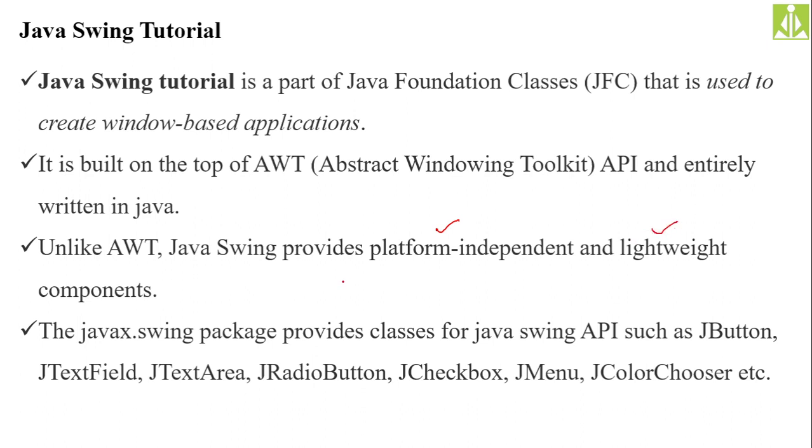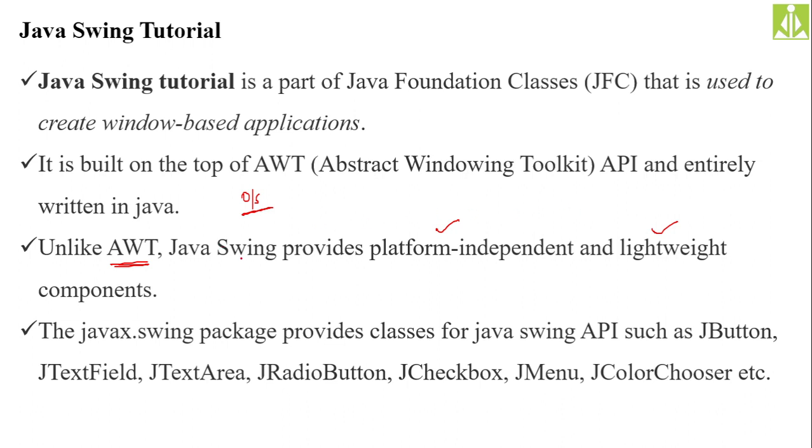Because your AWT will closely interact with your operating system components. In order to execute, your AWT application will closely interact with the operating system components. Because of that reason, it is platform dependent, as well as heavyweight.